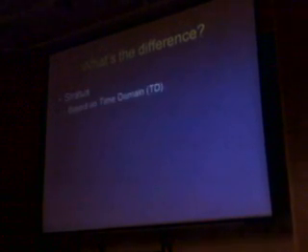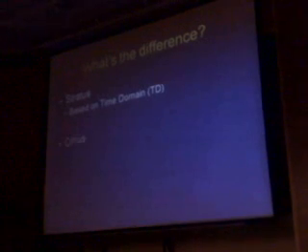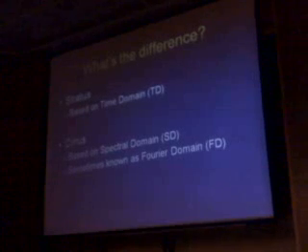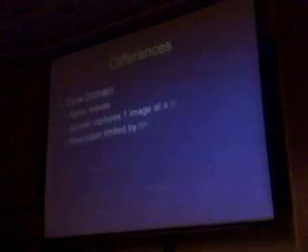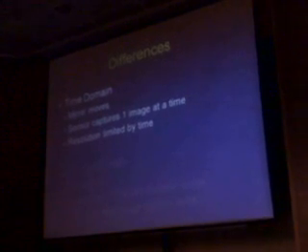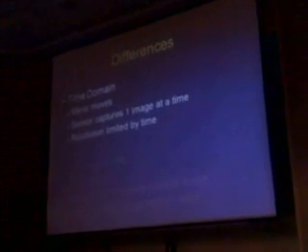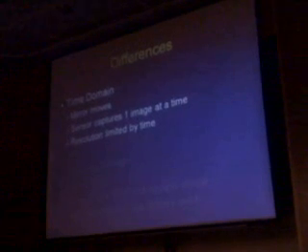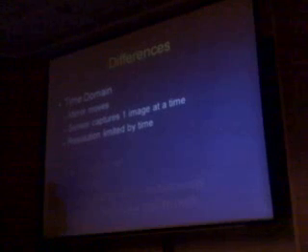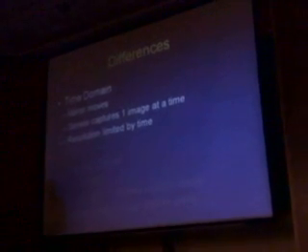What's the difference? The Stratus is based on time domain, and the Cirrus is based on spectral domain, sometimes known as Fourier domain. In time domain, the mirror moves, and the sensor captures one image at a time, and the resolution is limited by time, because you can't keep the patient still for very long.